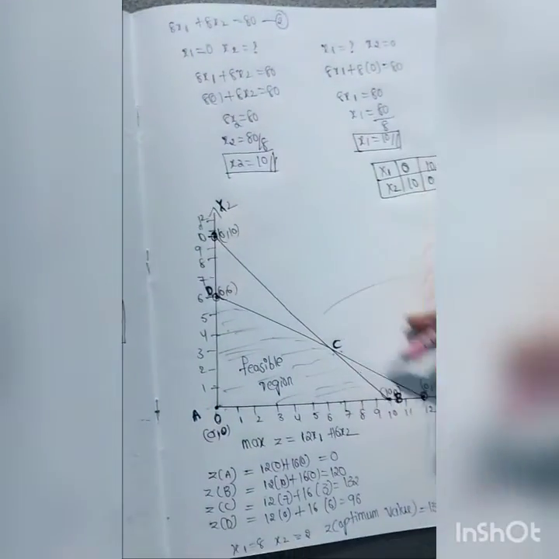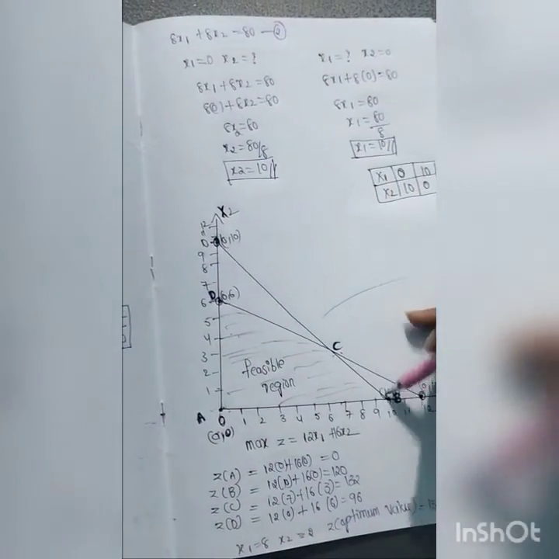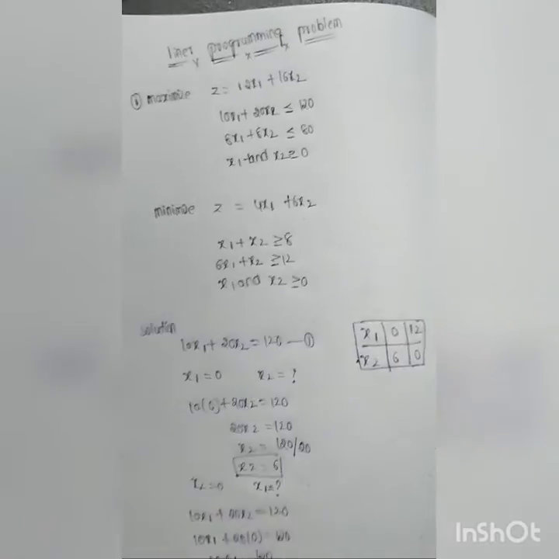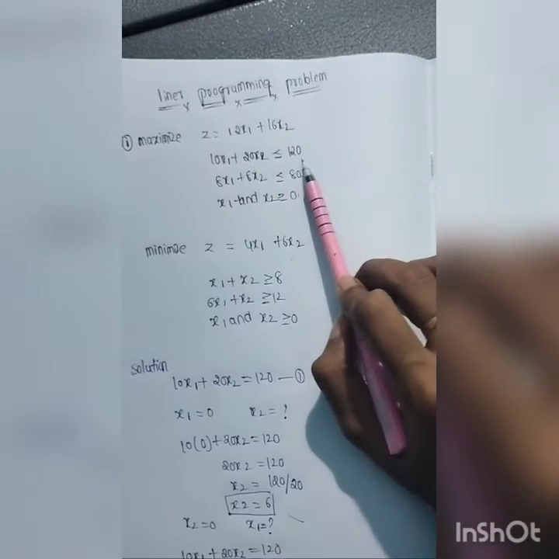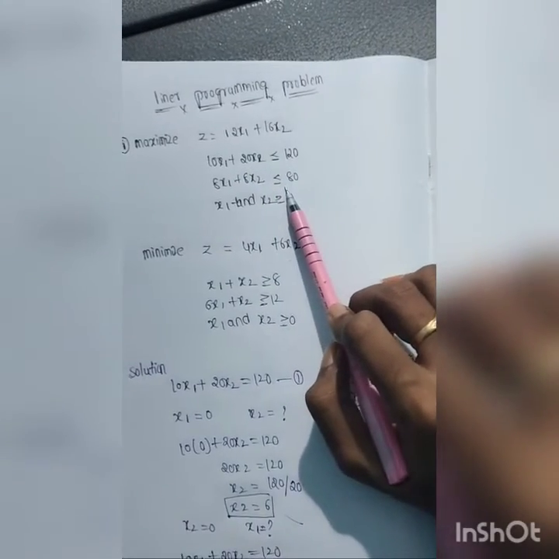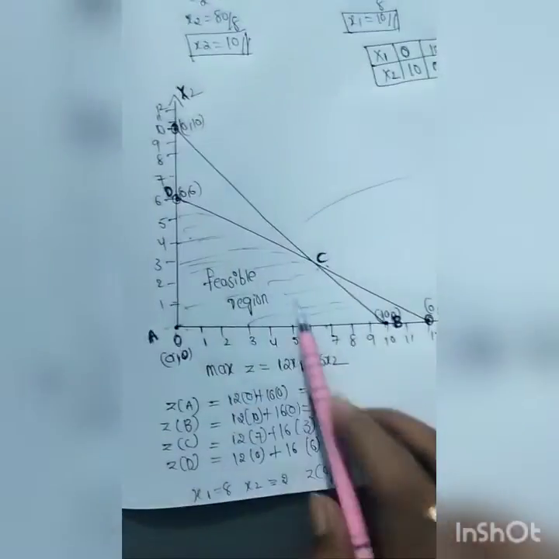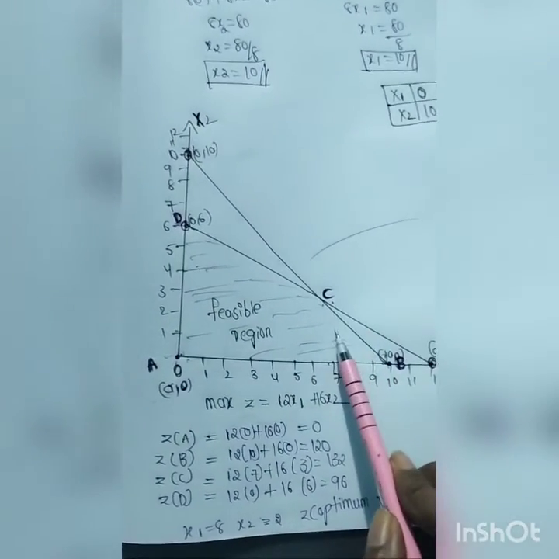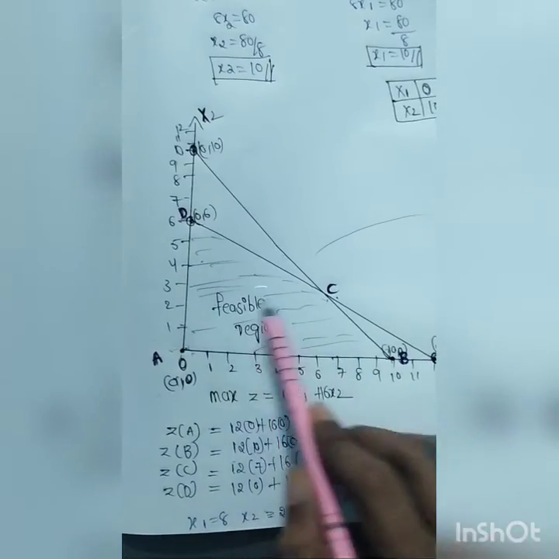So we have to draw this line and find out the feasible region. First constraint less than or equal to and second constraint less than or equal to, and you have to find the feasible region. Feasible region should be below the lines. So you have drawn the lines.